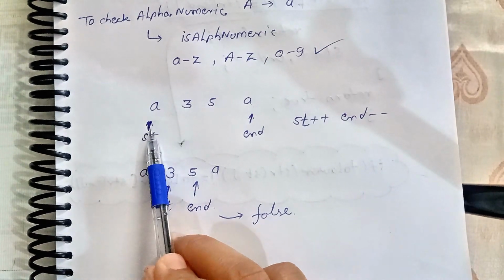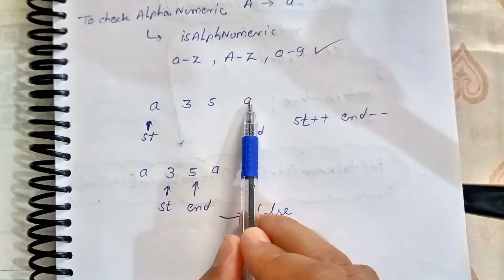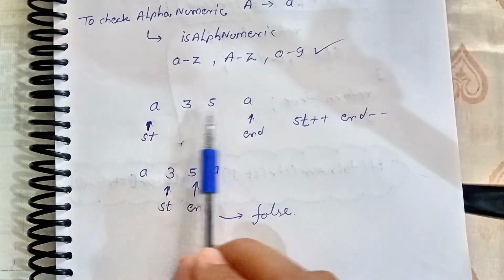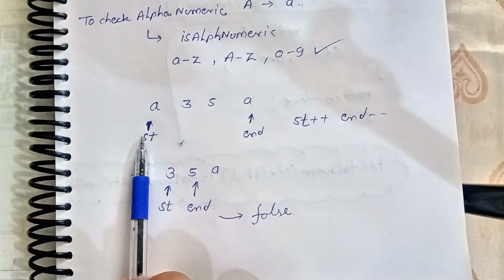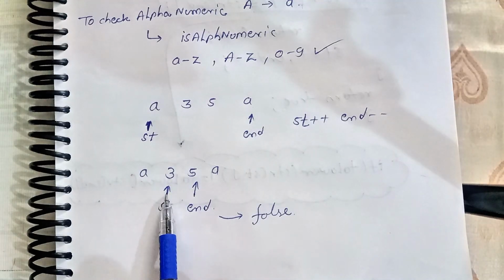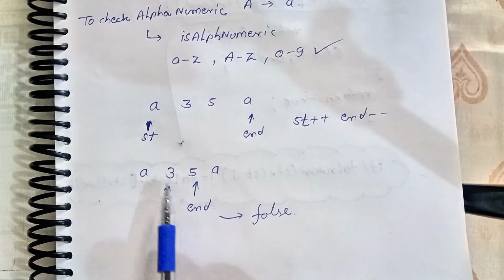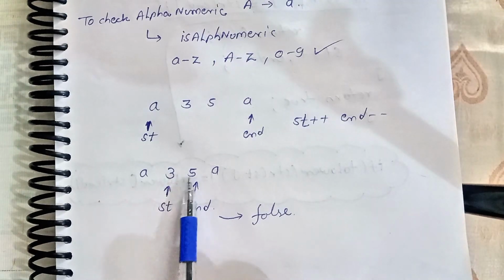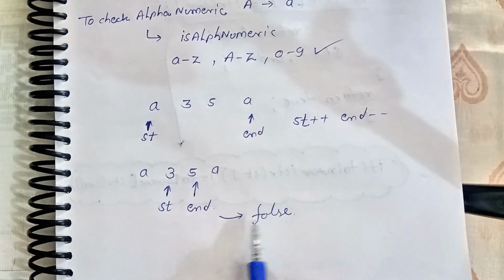If the value of starting and ending is the same, then we will move forward and backward accordingly. So we will increment the value of start and decrement the value of end. Here we have come to the place of 3 and 5. Now we will check the values. If 3 is equal to 5, no, this is not equal. So we will return false.